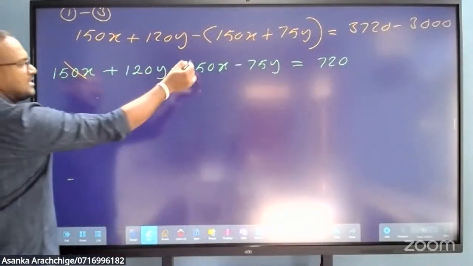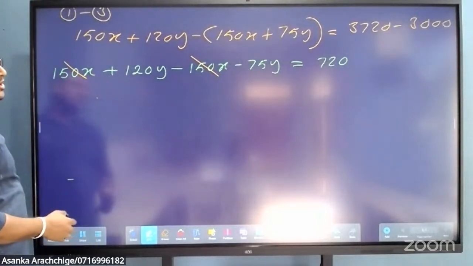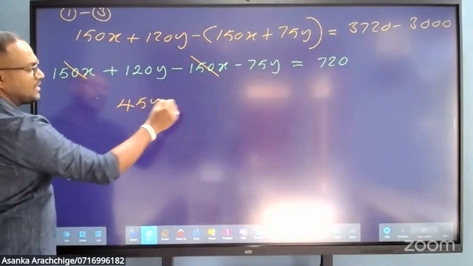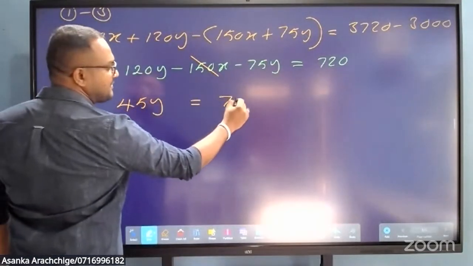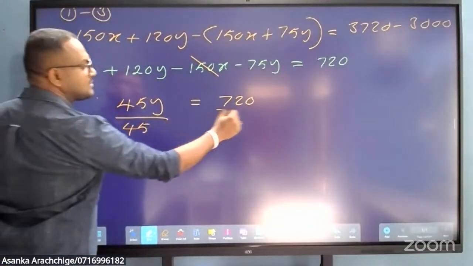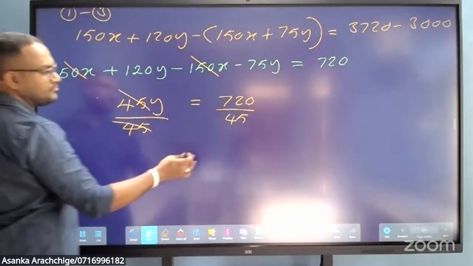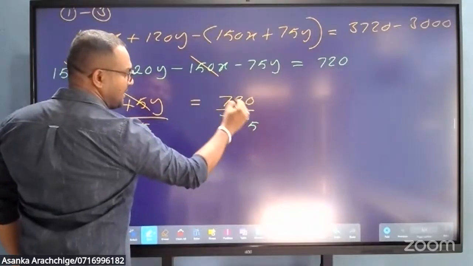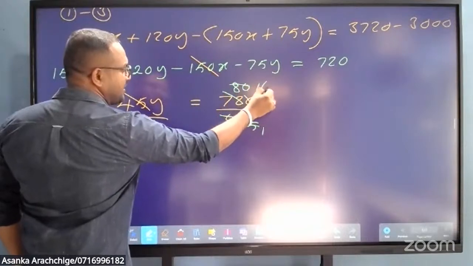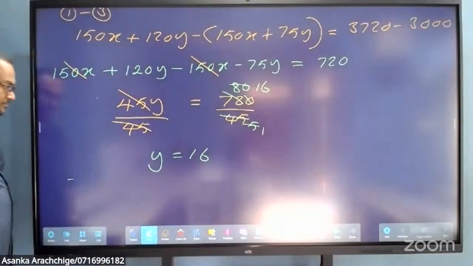We can cancel these two off. 120y minus 75y, 45y. That is equal to 720. Then divide both sides by 45. 9 times 5, 9 times 80, 5 times 1, 5 times 16. Y is equal to 16.